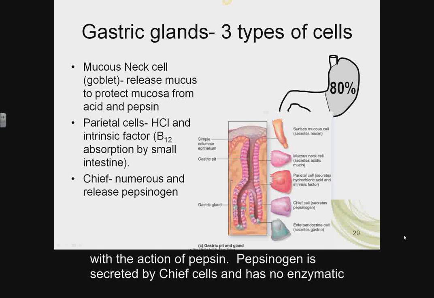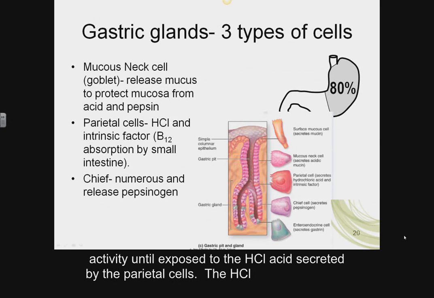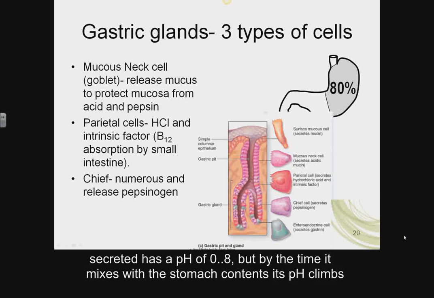That should be really strange to you. Most of your enzymes are active at a normal body pH, which is 7.40. The stomach acidity can drop to 2, and that's what's required to activate this particular enzyme, pepsinogen, into pepsin. Pepsin breaks down proteins into smaller peptides, but it is the hydrochloric acid that first denatures the proteins.